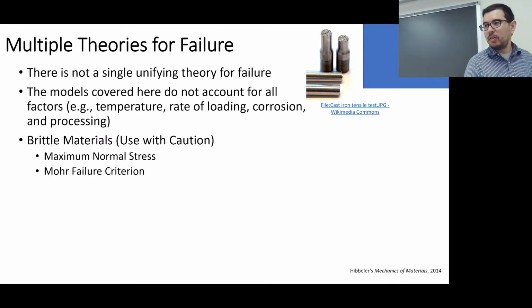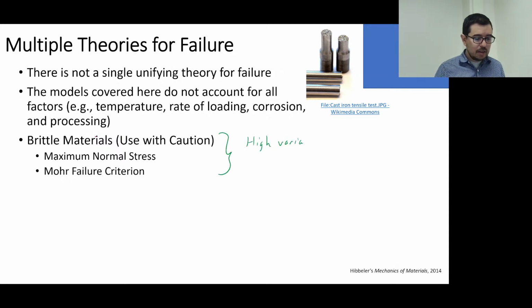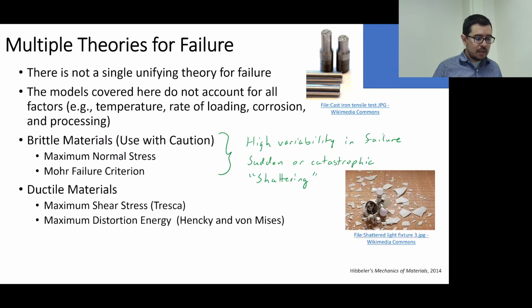Ice is kind of brittle, so you don't know exactly what's going to happen. So there's a lot of variability, and the ductile materials are less volatile, and we have two theories for them as well. We're going to now cover the Mohr failure criterion, and then we'll cover this other one in a little bit.